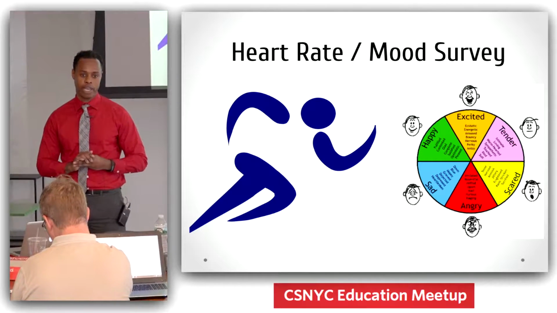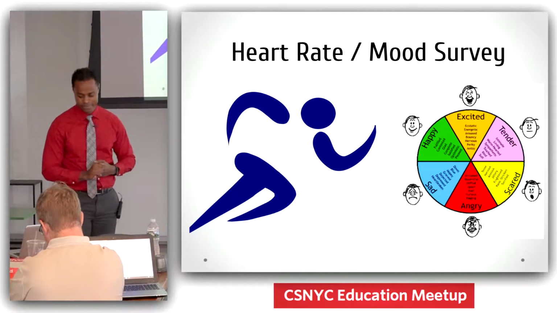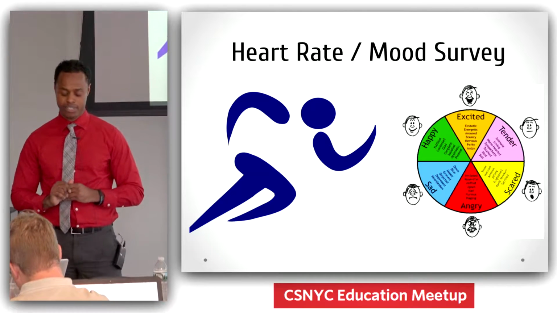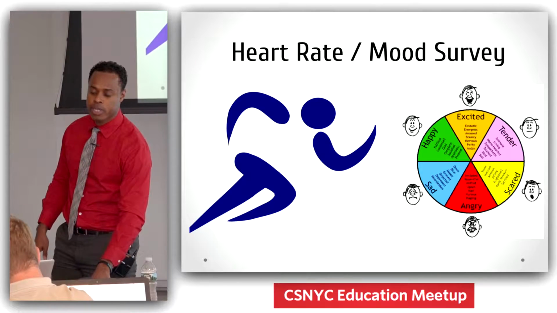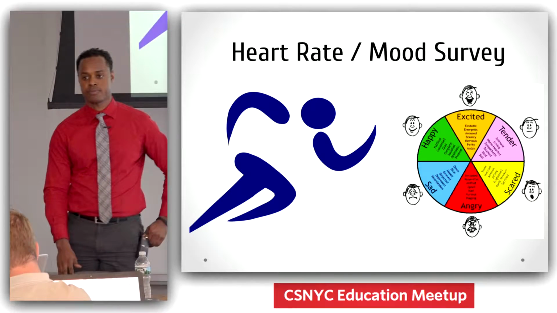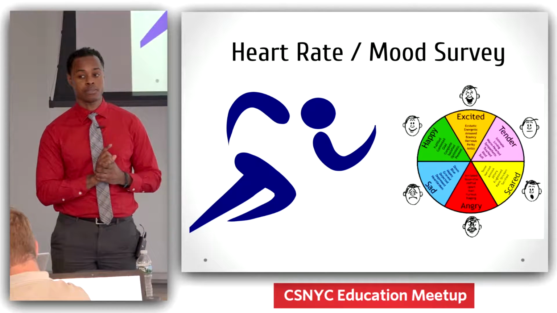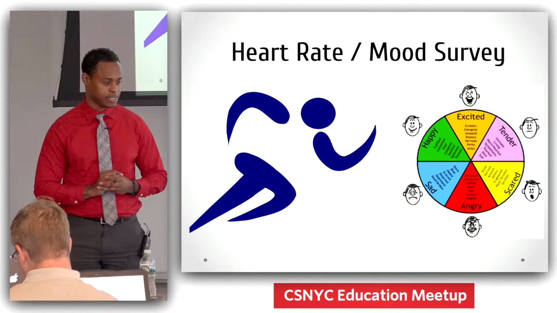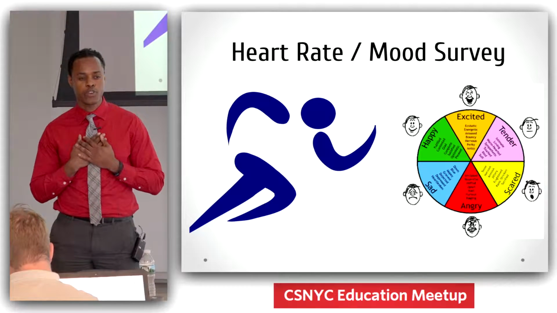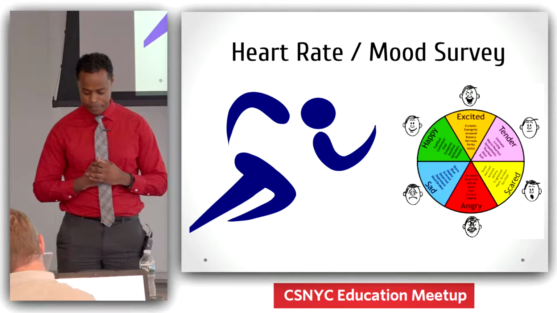What's your current mood right now? You'll write it right next to where it says Sunday on week 1 pre. And once again, 1 being the lowest mood and 6 being the highest. We're not gonna collect this, so this is for you to analyze a little bit later, okay?